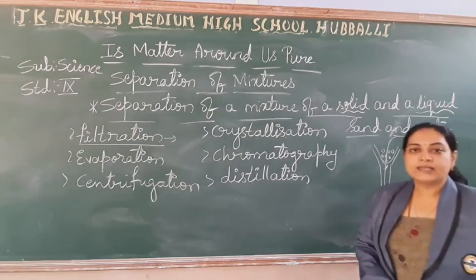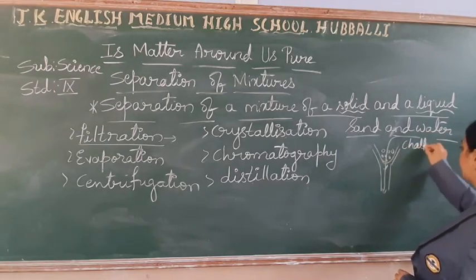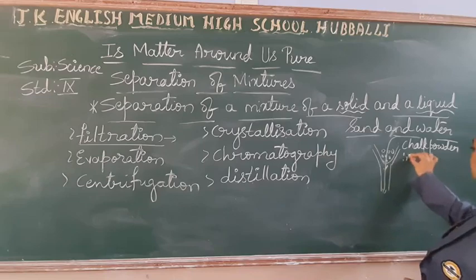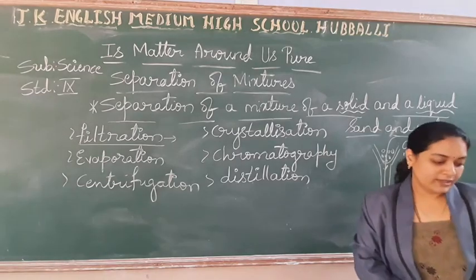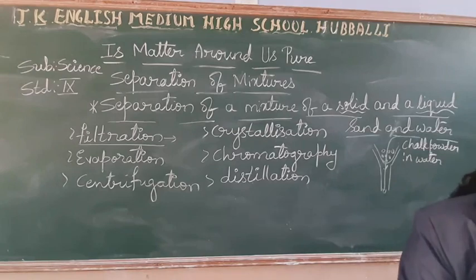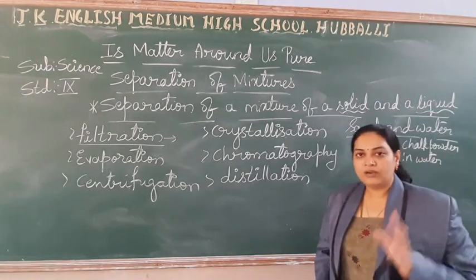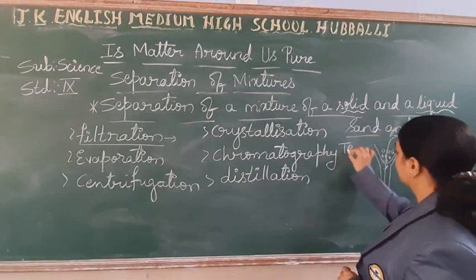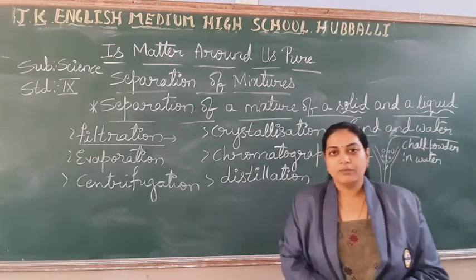Not only the example of sand and water, the next example for this process is chalk powder in water. Hope you are taking down, students. Or the simple one, which you follow day to day, is tea. You filter the tea, students. What happens there?